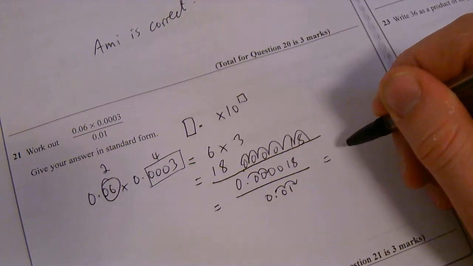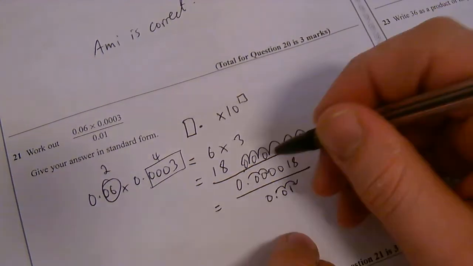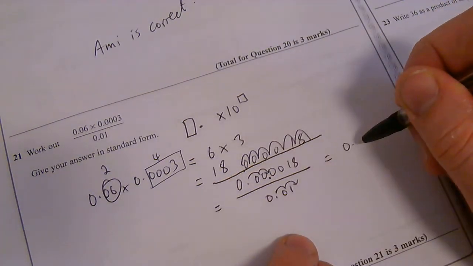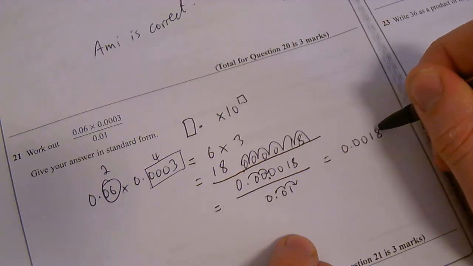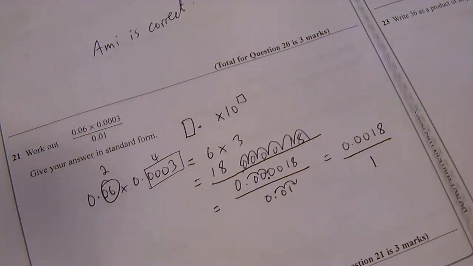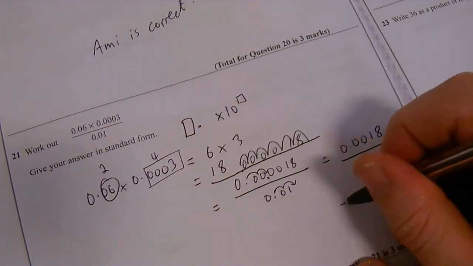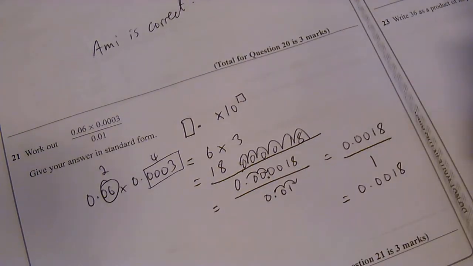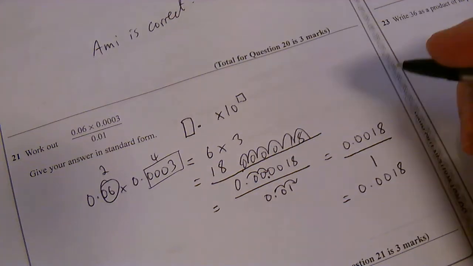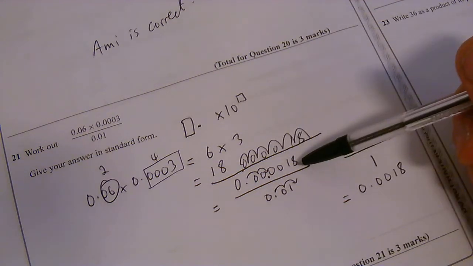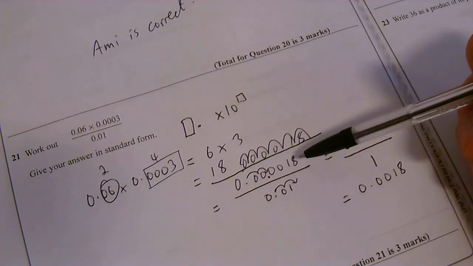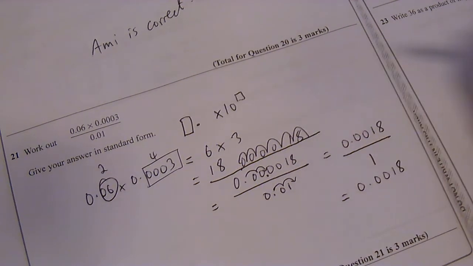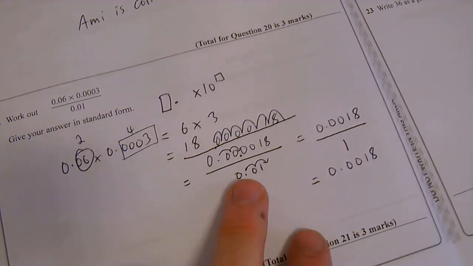That gives me 0.0018 over 1, and that is the same as 0.0018. Or you could divide it by 1 itself and get the same thing, and then move the decimal place 2 places along. It just depends on what you know, but this is my preferred way.